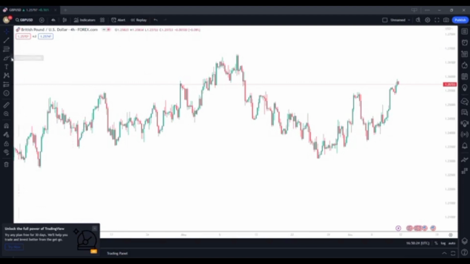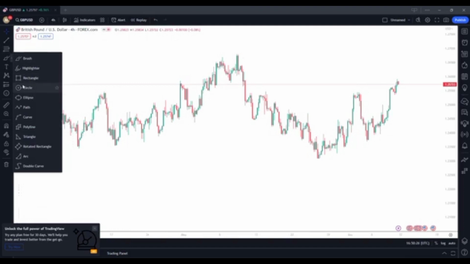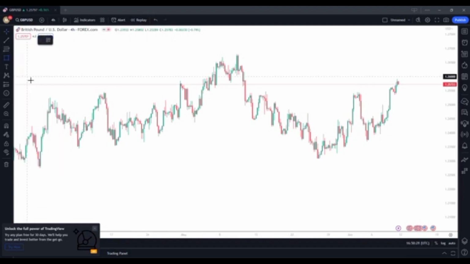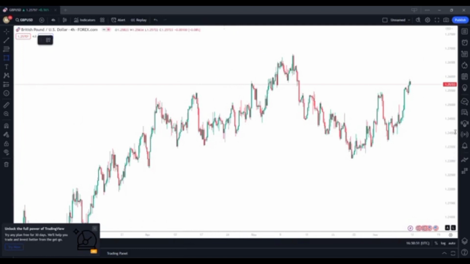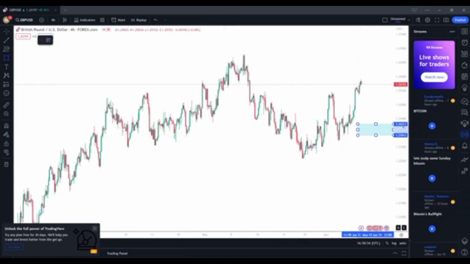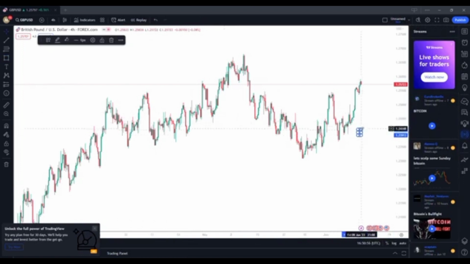So going straight down to the support and resistance zones, what are we trying to do now? We are trying to look for zones where we have support and resistances. So we are trying to look for zones or areas where the market has been rejecting over time.